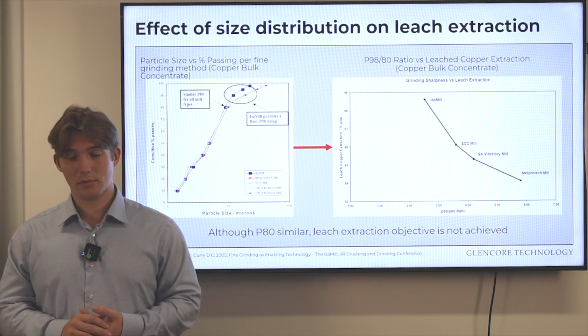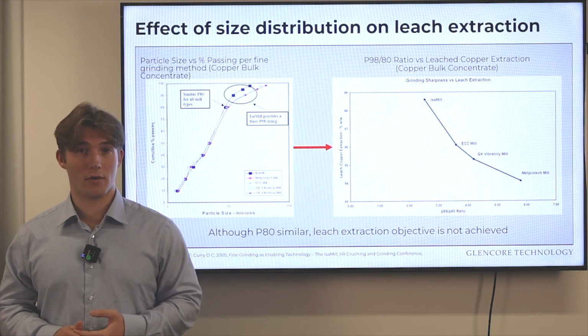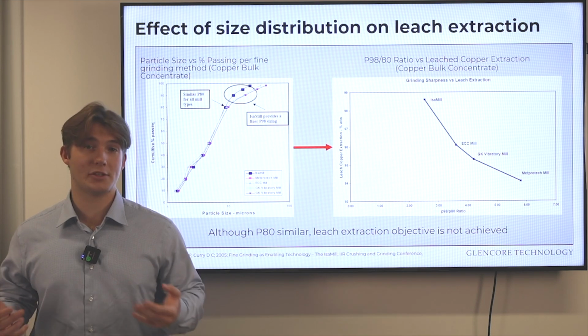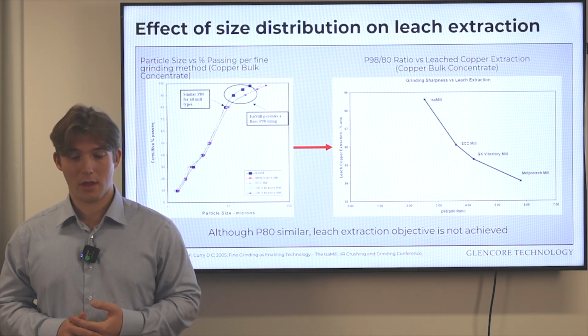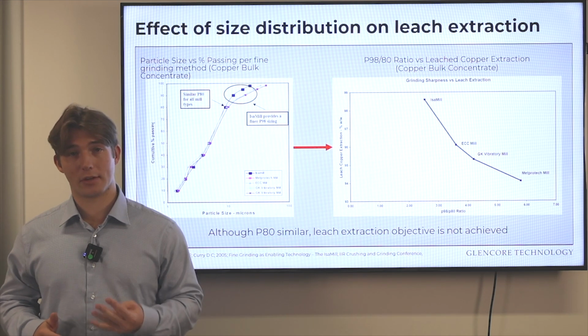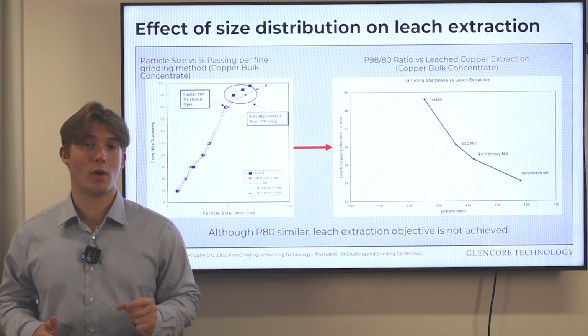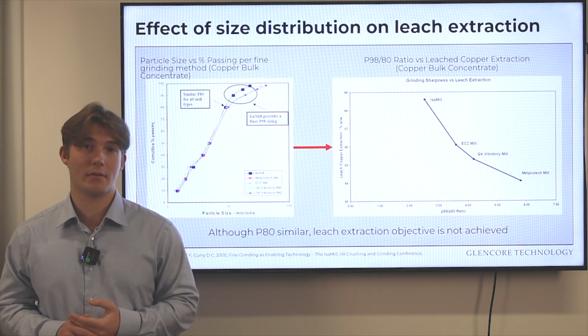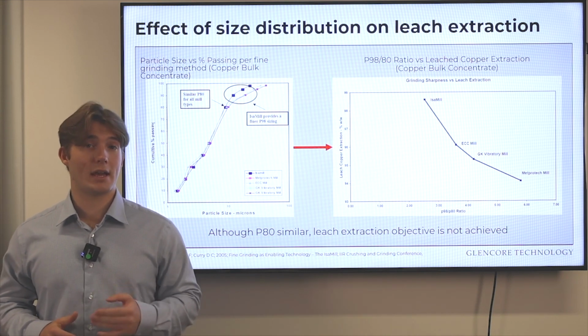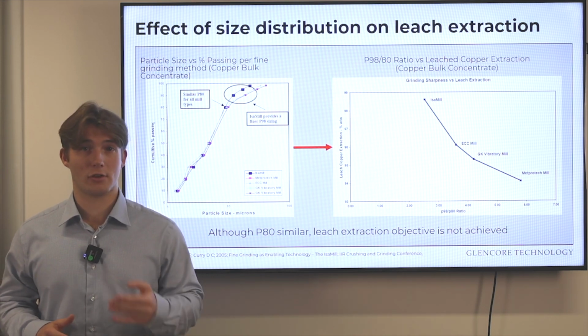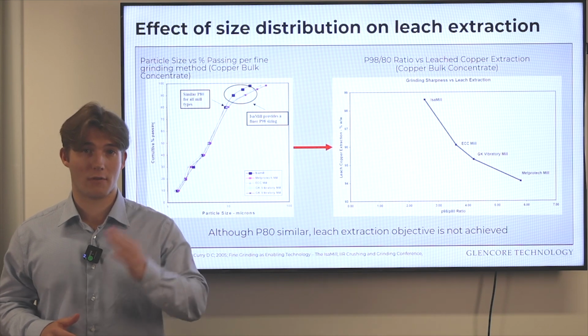In this example, we can see the effect of the cut size on the leach extraction in a copper concentrate leaching circuit. 4 milling technologies were compared and each one achieved a very similar P80. However, just like in the previous example, the P98 of the IsaMill was the finest and so was the sharpness of the cut size.